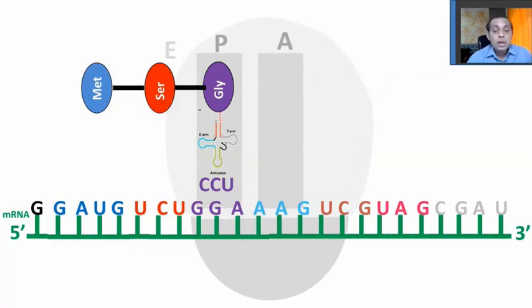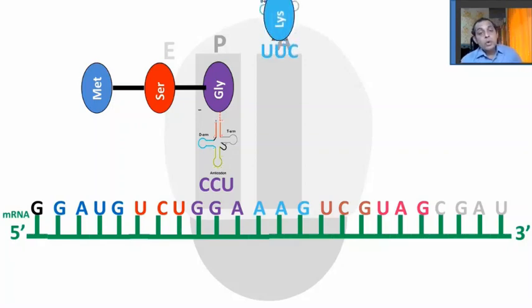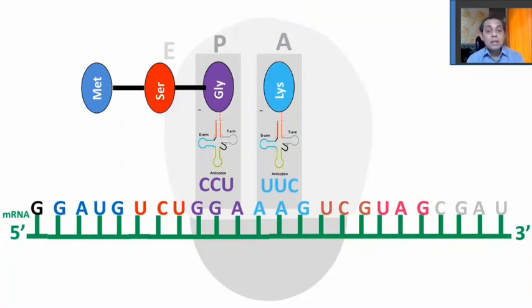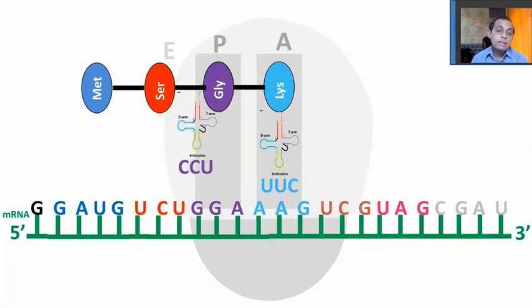So elongation has started, another new aminoacyl tRNA complex has come, and it is going to bring the specific amino acid, here it is lysine for AAG with the specific anticodon. Again, P will be for the peptide bond formation and E will be for exit of the tRNA.